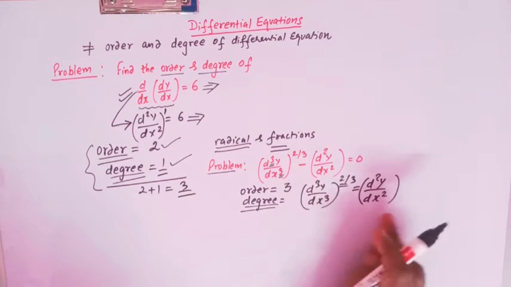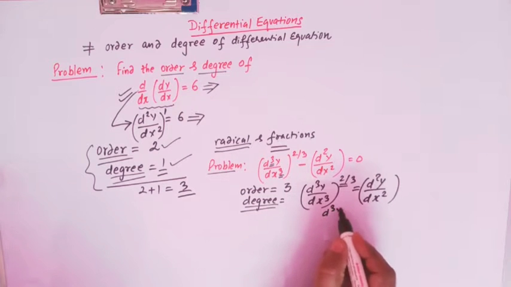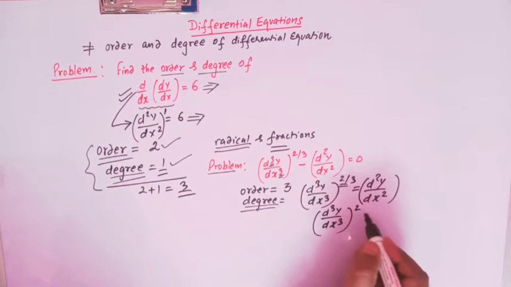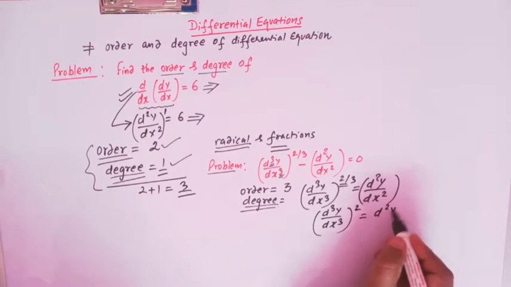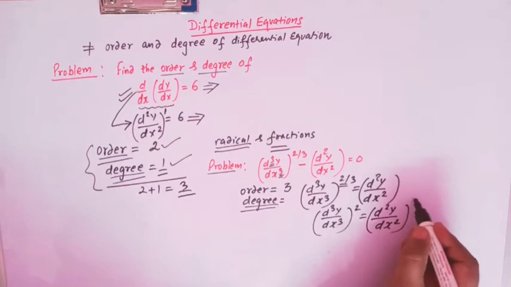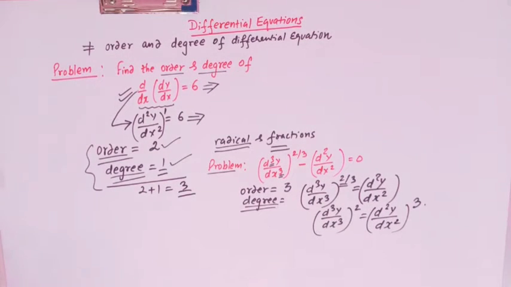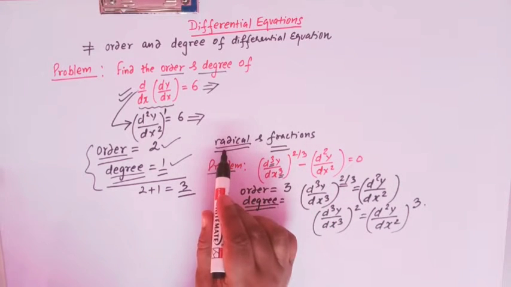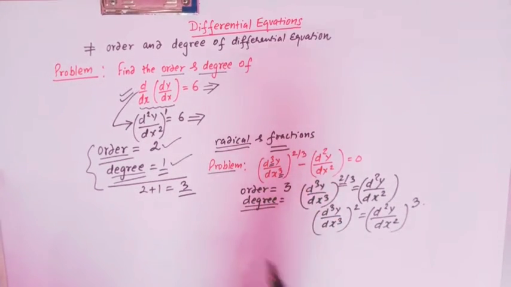So cubing both sides, we have d³y over dx³, and here we have 2, and here we have d²y over dx², and here we have 3, right? Okay, so now this differential equation is made free from radicals and fractions wherever the derivatives occur.